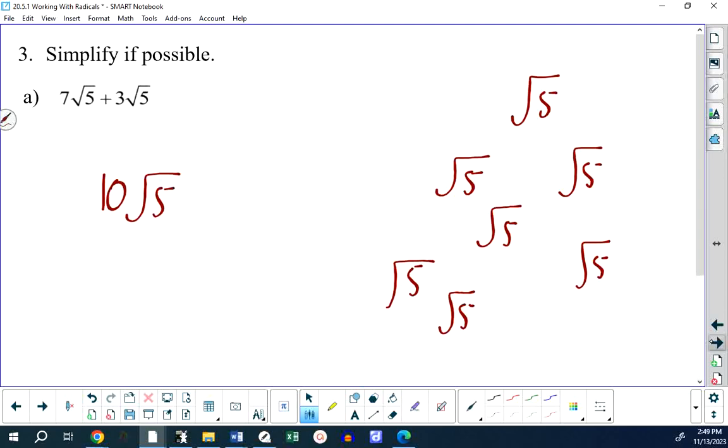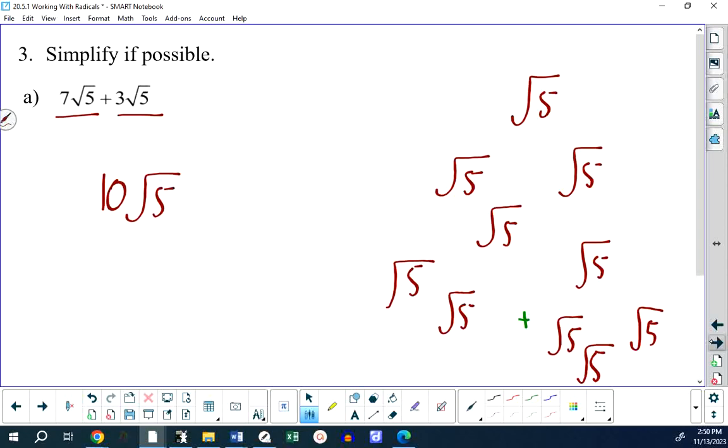And then we have the 3 root 5, so we're going to add 3 more. You get 10 root 5. This is why 7x plus 3x is 10x. It's like 7 kittens plus 3 kittens being 10 kittens. The coefficient is how many of those things there are. So this is simply 10 root 5. I think I already used the word. Do you remember what these terms are called?